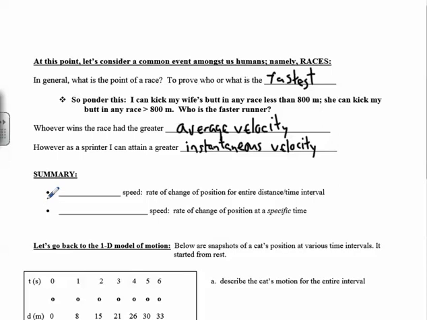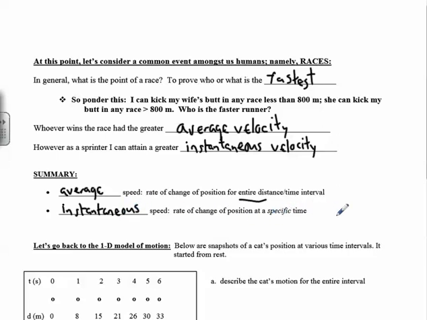Another way of looking at the definitions is that average speed is the rate of change of position for the entire distance or time interval in question, and instantaneous speed is the rate of change of position at a very specific time.